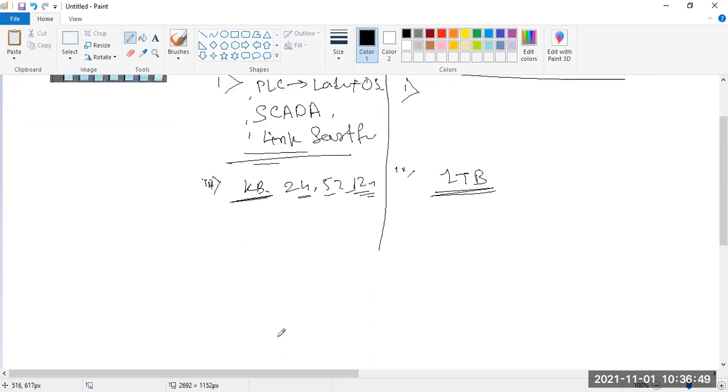And next, this is not a very technical point, but the ambient temperature the PLC can handle is much higher than your PC, because PLC is installed in industry.